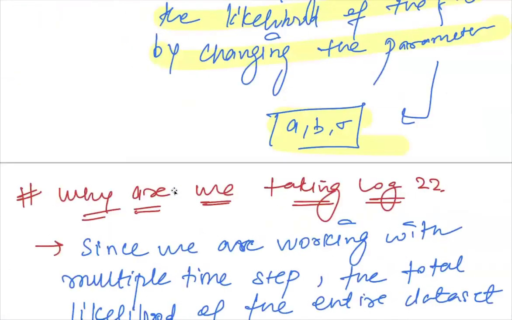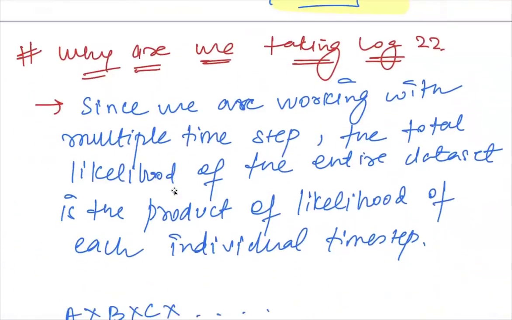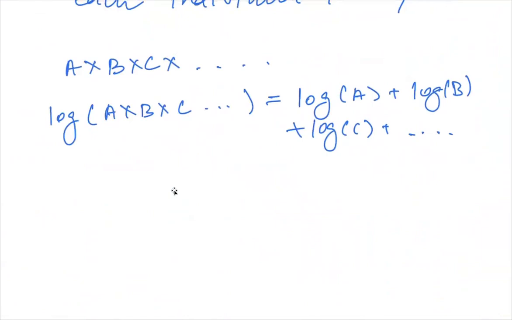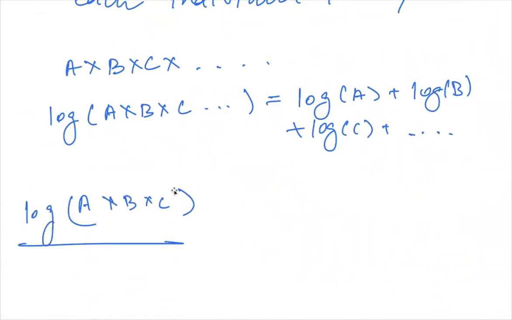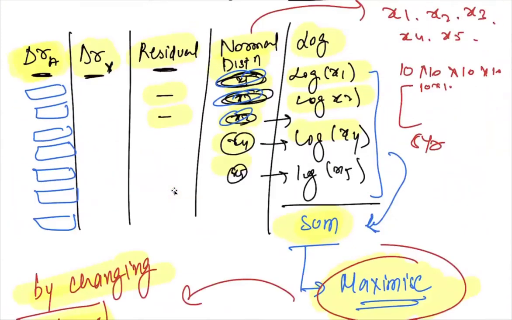So what we did was take the log and add up. The reason why we are taking log is to make this whole process easy and less computationally expensive. And that's why we use log, and how this whole process becomes very easy.